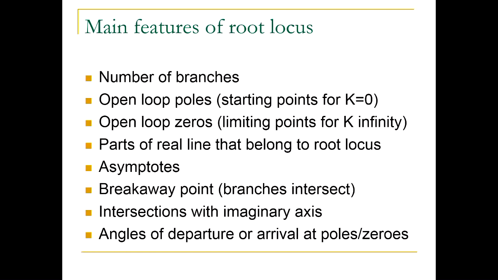Parts of the real line that belong to the root locus, you will see you can very quickly determine. Asymptotes: as we increase k, some branches might go to infinity, and they typically approach these asymptotes. You can quickly plot asymptotes. Breakaway points, in other words, where branches intersect. Intersections with the imaginary axis and angles of departure or arrival.